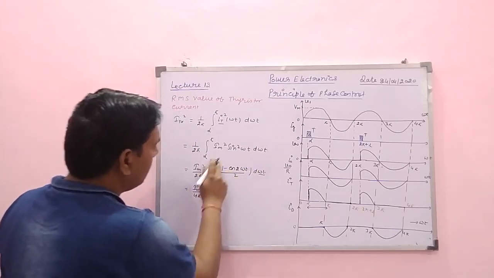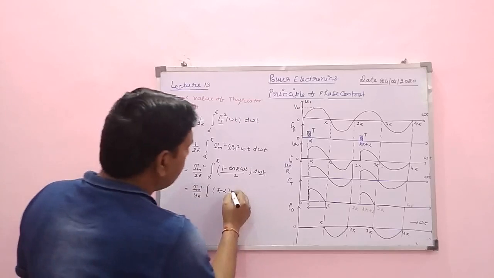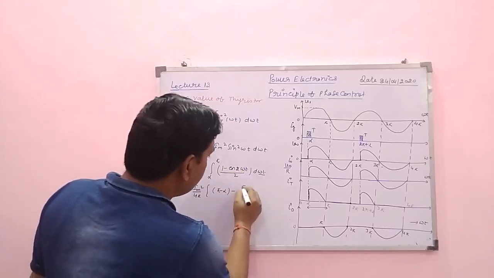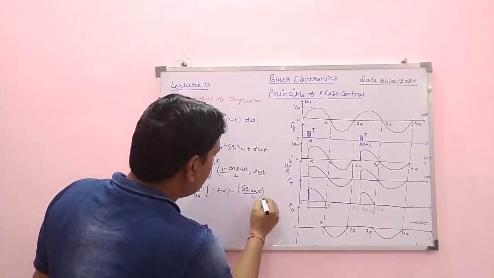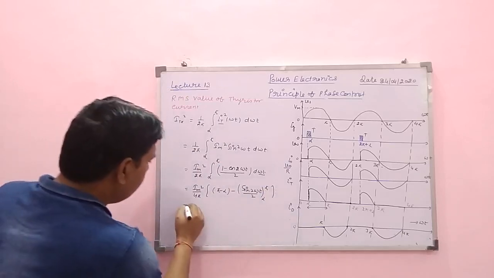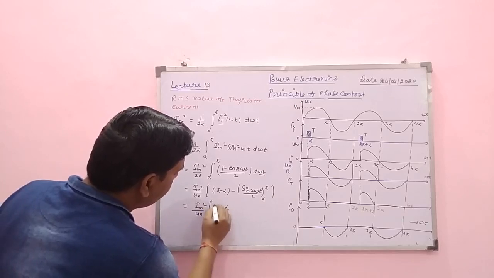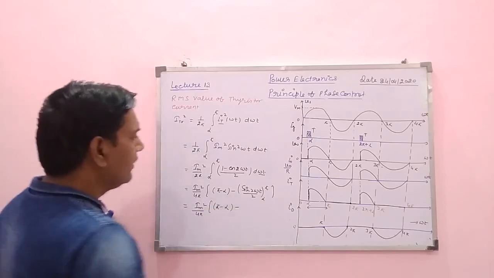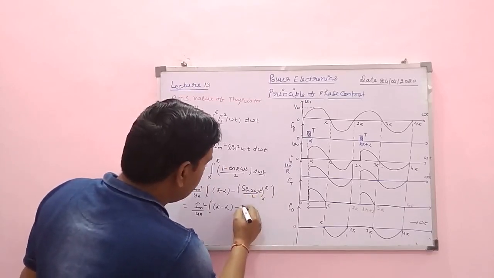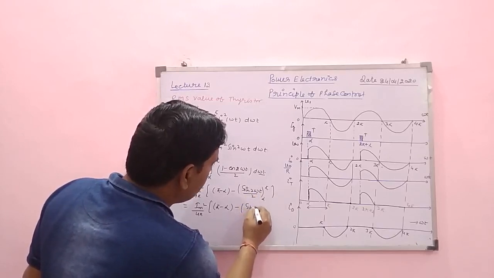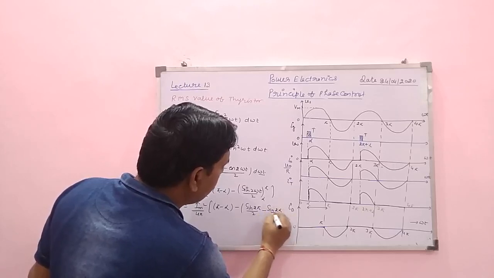So it will be omega t, upper limit pi, lower limit alpha, so it will be pi minus alpha, minus the integration of cos 2 omega t, which is sin 2 omega t divided by 2, with limit alpha to pi. So it will be Im square upon 4 pi into pi minus alpha minus the upper limit, sin 2 pi upon 2, minus sin 2 alpha upon 2.